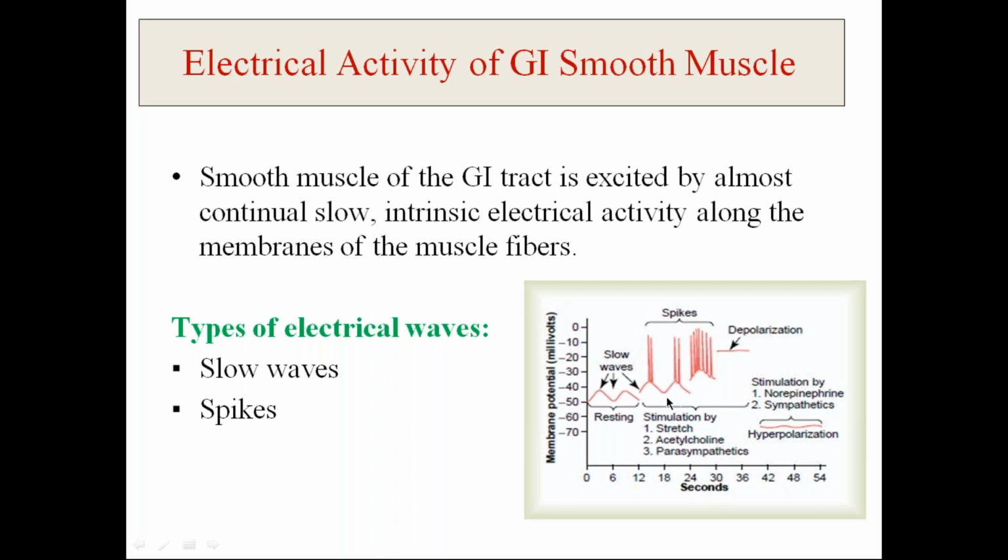This can be stimulated. That is, the number of spike potentials can increase if there is a stretch to the GI lumen or GIT, or there is the secretion of acetylcholine or parasympathetic stimulation. Sympathetic stimulation and the presence of norepinephrine can lead to a decrease in the number of spike potentials.